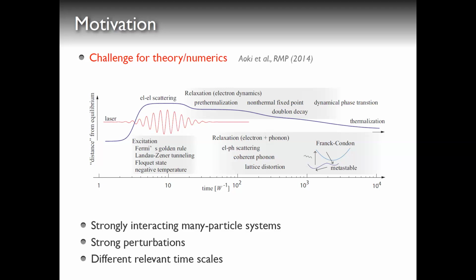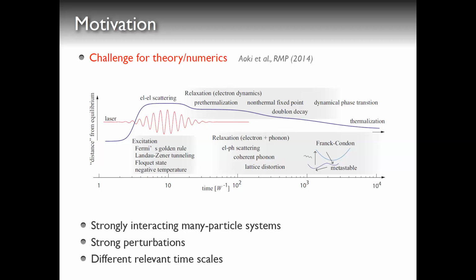Then after the end of the pulse, a relaxation process sets in, but this relaxation process typically proceeds in several stages. Often one finds initially a relaxation into a so-called pre-thermalized state, where, for example, the local observables look thermalized, while the non-local ones are still far from thermalized.